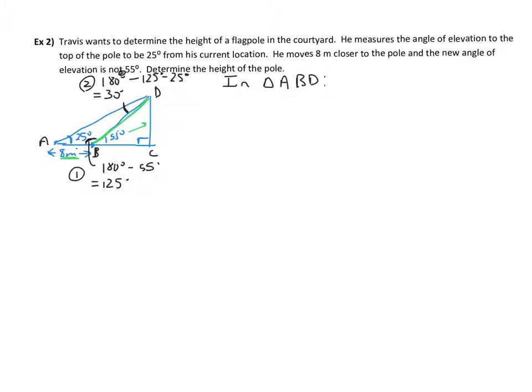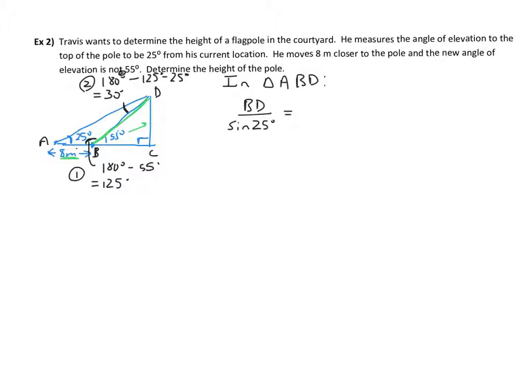All right, so we're going to work with this triangle. Sine law is going to be applicable here, not SOHCAHTOA yet, because it's not a right angle triangle. I'm going to find the side length BD. So side BD is across from angle A, which is 25 degrees. So that's going to be sine of 25 degrees.